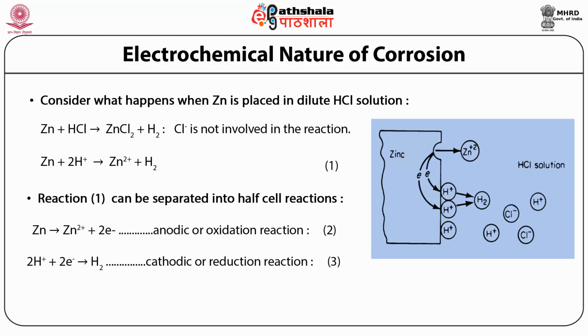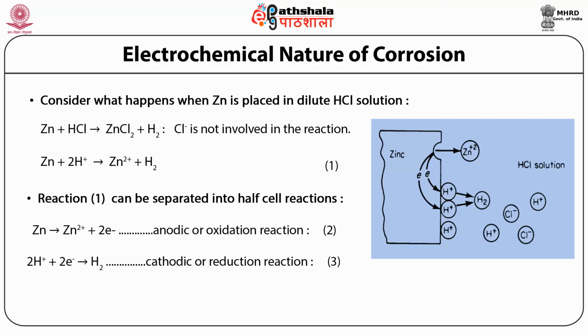Interestingly, both reactions are taking place on the zinc rod. Hence, zinc is acting as both the cathode and the anode. In addition, for the flow of hydrogen ions from the solution to the surface of the zinc rod, as well as the dissolution of zinc ions generated at the metal solution interface, an electrolyte is required.